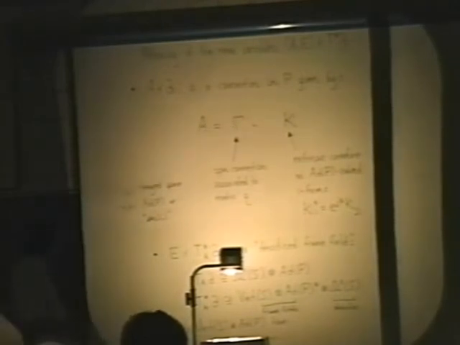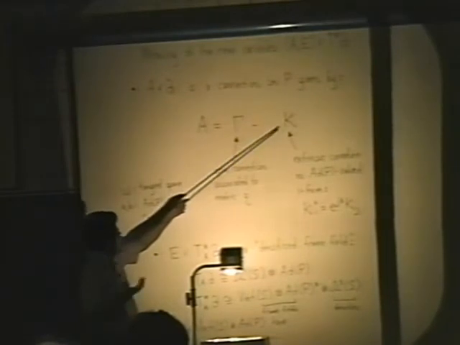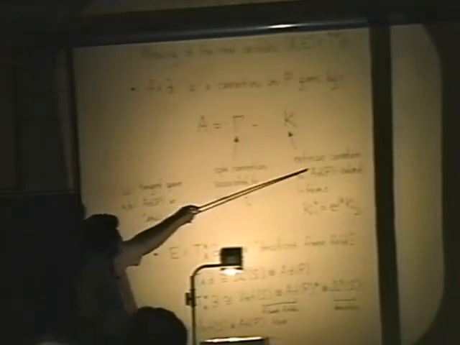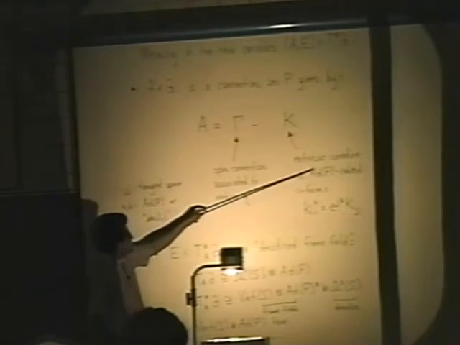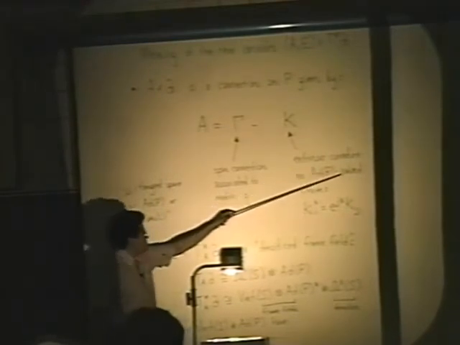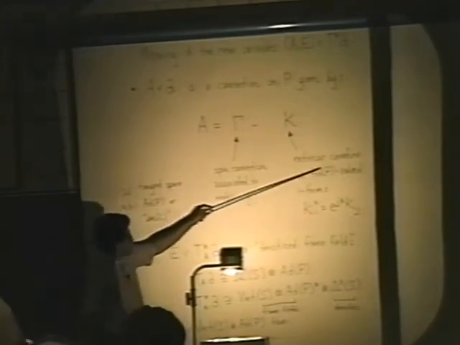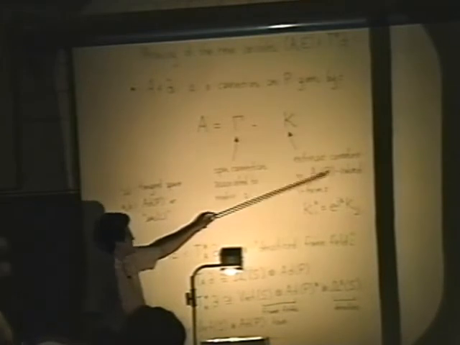So that's what I'm calling gamma here. And then, of course, if you have a connection, you can get a new connection by adding to it any Lie algebra valued one form, or more precisely, any one form taking values in the adjoint bundle of our principal bundle. So this is the associated bundle where we use the adjoint representation of our group on its Lie algebra.